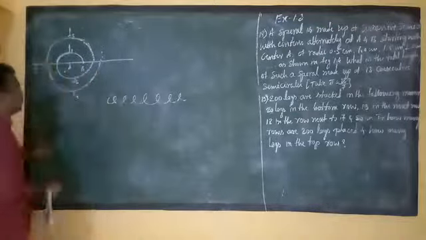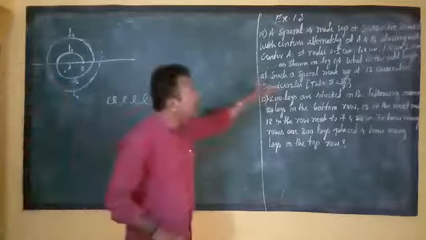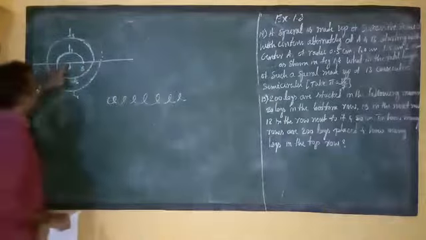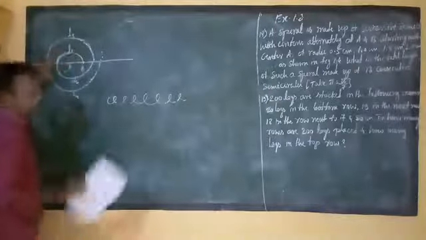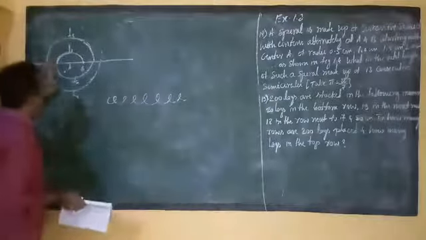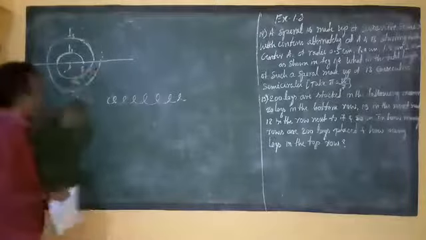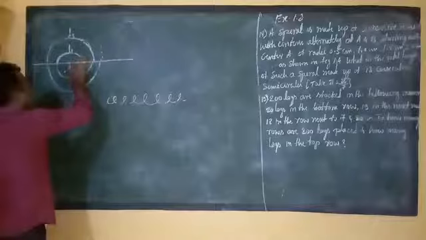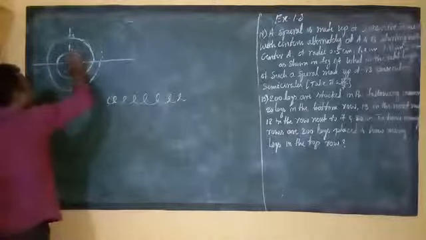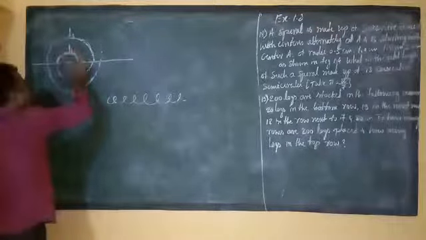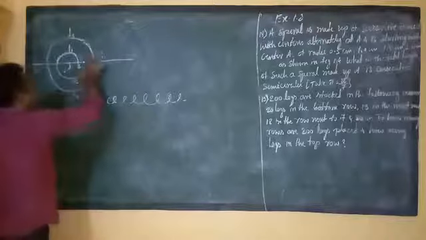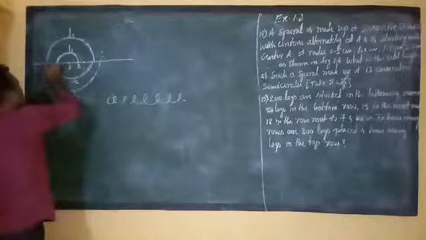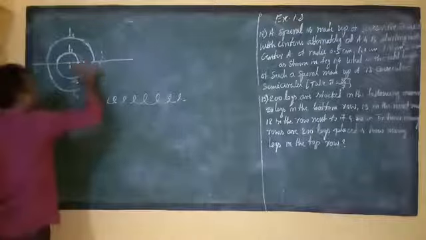So students, with centers alternately A and B. A is the first center, L1 is the length of the first semicircle, then L2 is the length of the second semicircle, then B is the center of the second semicircle, and finally the third is centered at A and the fourth length is centered at B.